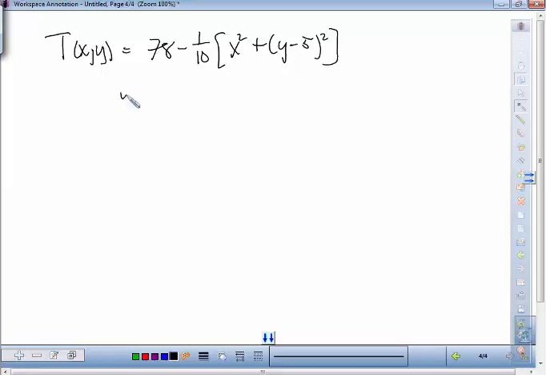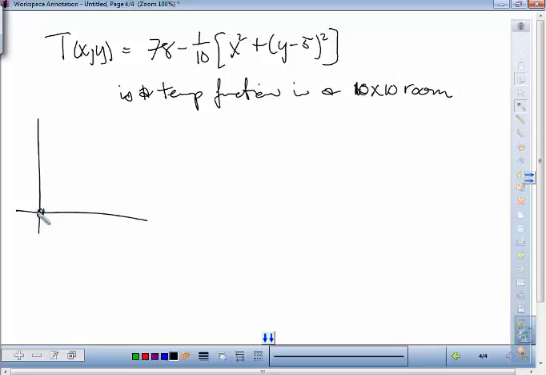So this is a temperature function in a 10 by 10 room. So one corner is going to be the 0, 0 corner, and then the other corner would be the 10, 10 corner.